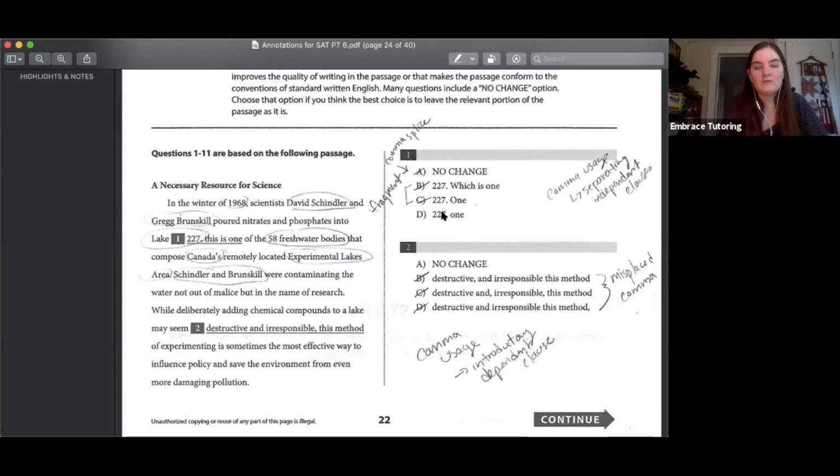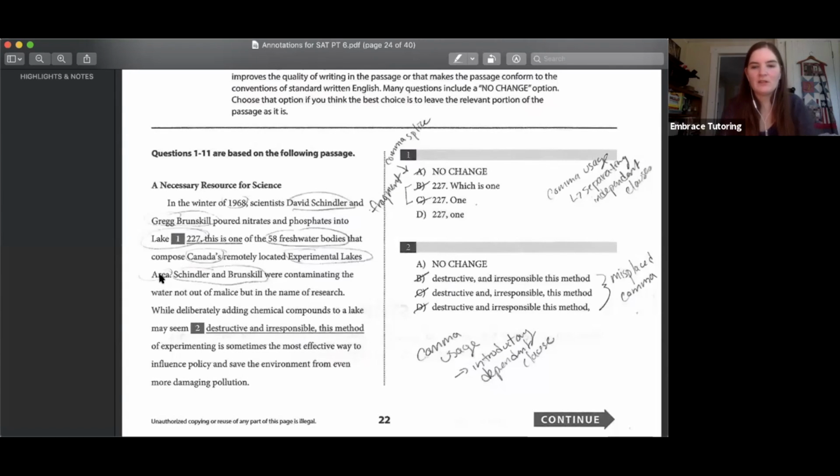If we separate them completely, take out the this is, and just start with one, let's see what happens. In the winter of 1968, scientists David Schindler and Greg Brunskill poured nitrates and phosphates into Lake 227. One of the 58 freshwater bodies that compose Canada's remotely located experimental lakes area. We don't really have a verb there.